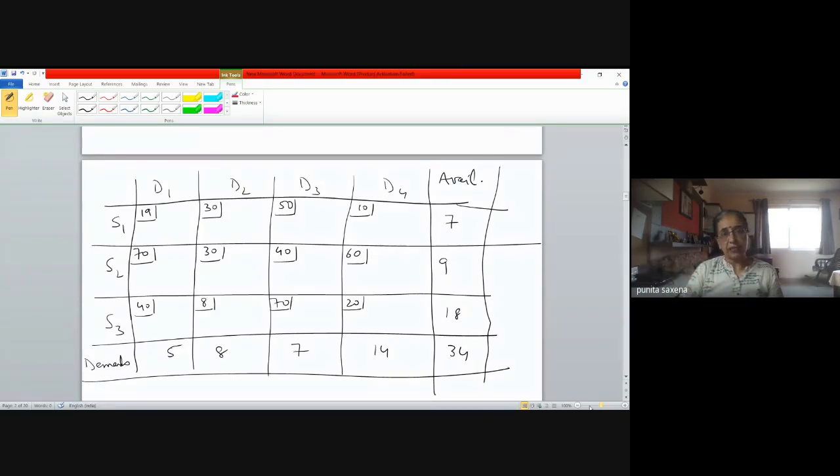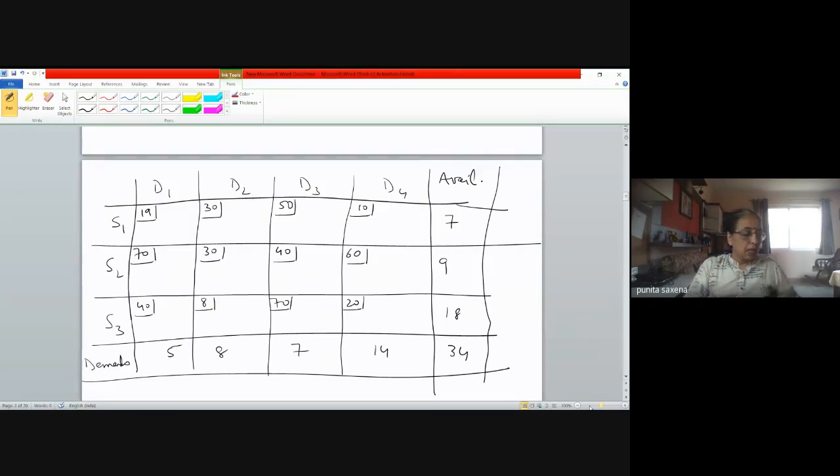We simply neglected them. We were just bothered about the availabilities and the demands, and based on that we made the allocations. So somebody said, why not consider cost also, and then make the allocations. That is why this method, which we call the least cost method or the LCM, makes the allocations, but at the same time keeps the costs of transportation in mind.